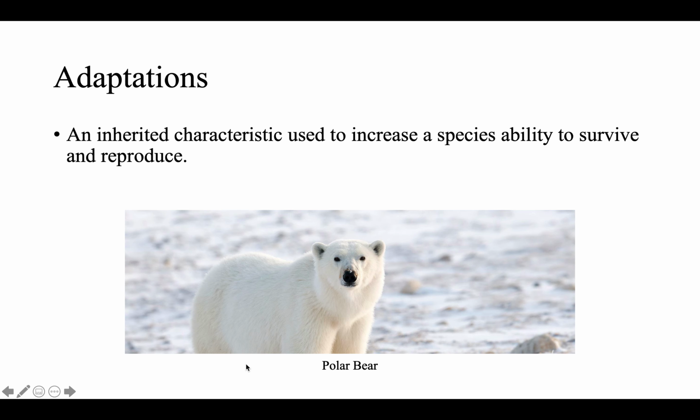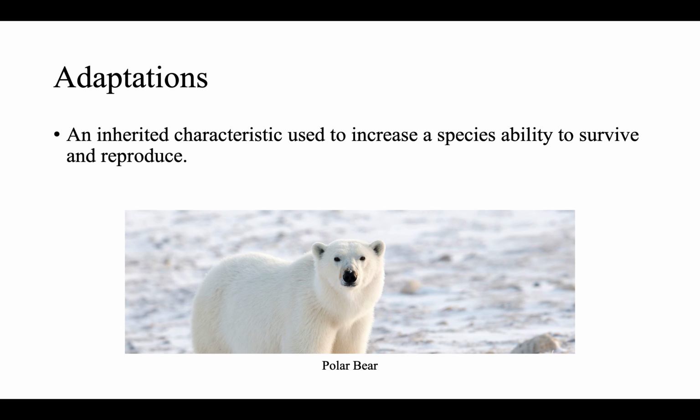So here we have a polar bear, and as you can see, its fur appears nice and white. Fun fact, it's actually clear, but it just appears white. But anyways, its nice white fur helps it camouflage into its environment, which makes it more difficult for prey to see the polar bear.